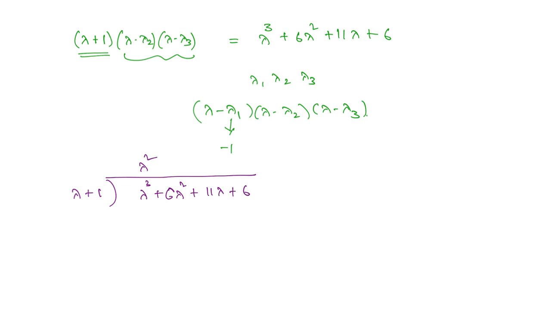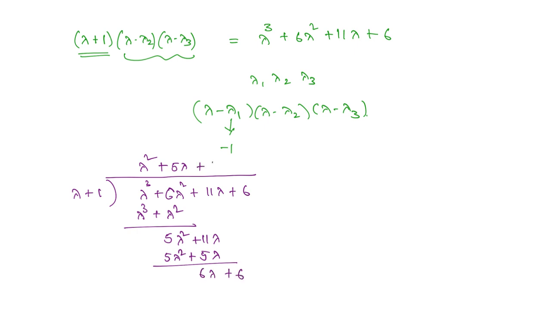Lambda into lambda square will give you lambda cube. First term you have to see, right? This is going to be lambda cube plus lambda square. If you subtract, you get 5 lambda square plus 11 lambda. Again, what is the term you have to multiply with lambda so that you will get 5 lambda square? This is 5 lambda. 5 lambda square plus 5 lambda will give you 6 lambda plus 6.